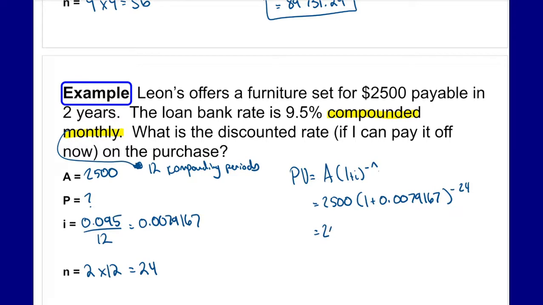Again, let's simplify the brackets: 1.0079167 to the power of negative 24. We want to do the exponent first, and then multiply that by your future amount, and you should have 2,068.94.